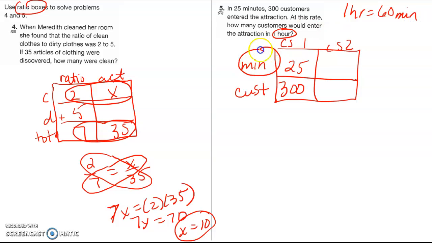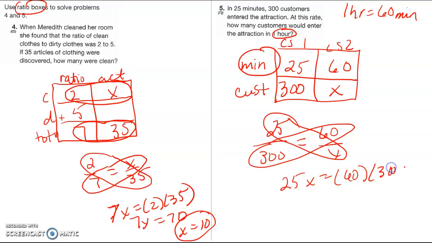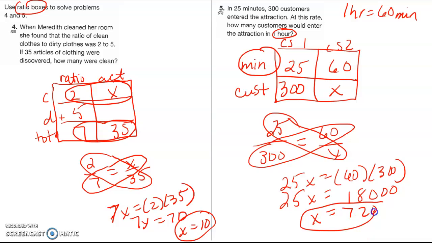I have minutes, I don't have hours, so I need this to be in minutes, and I'm looking for that. So that gives us the proportion. And then we cross multiply. And your answer is 720.